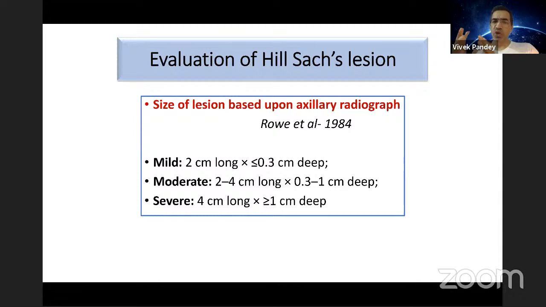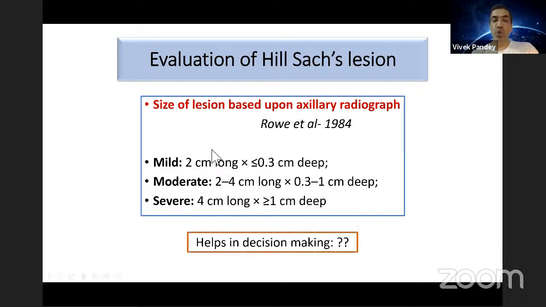Again, it was not very categorical how we make the decision, like whether a mild to moderate size Hill-Sachs lesion is important to address or not. For severe, probably everyone knew that yes, you have to address it, but no one knew what to do for mild to moderate.